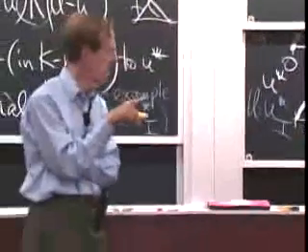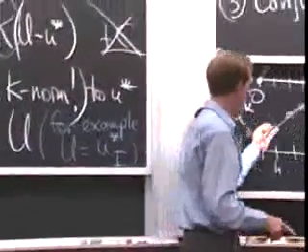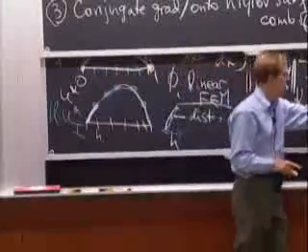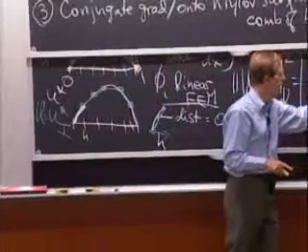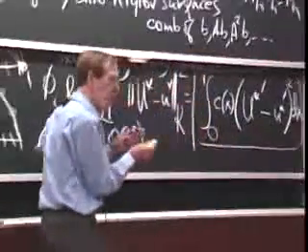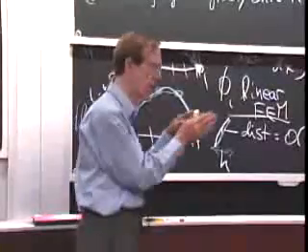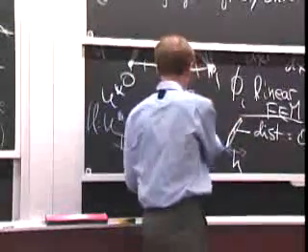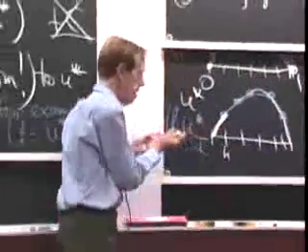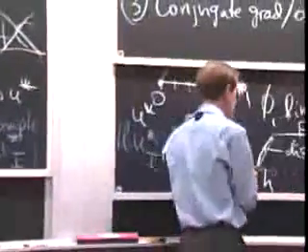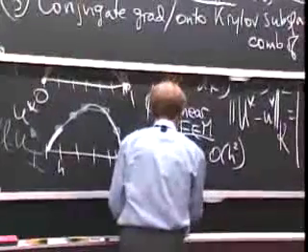The question is, how far apart are the slopes? Because the K norm is dealing with the slopes and not the function itself. So more important than the distance is the error in slope.